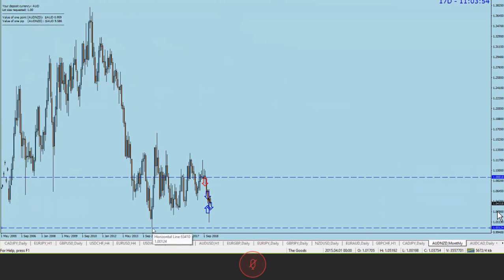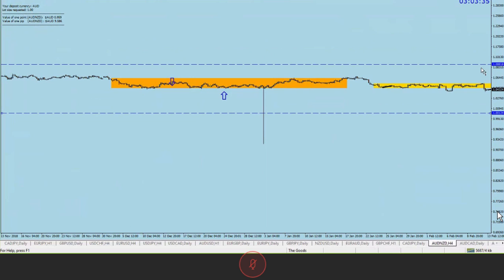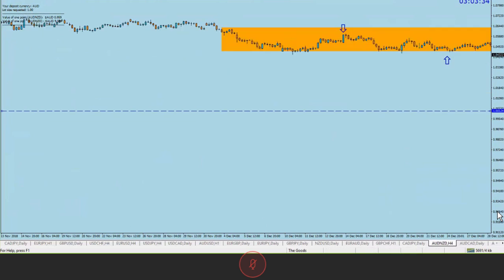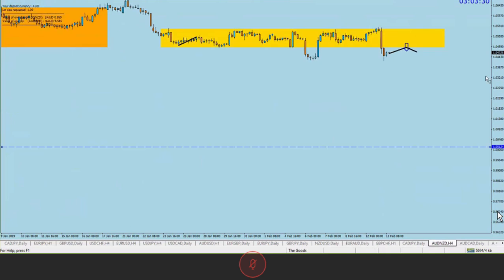That spot right there, that was in 2015, yeah. So that's probably the best target.